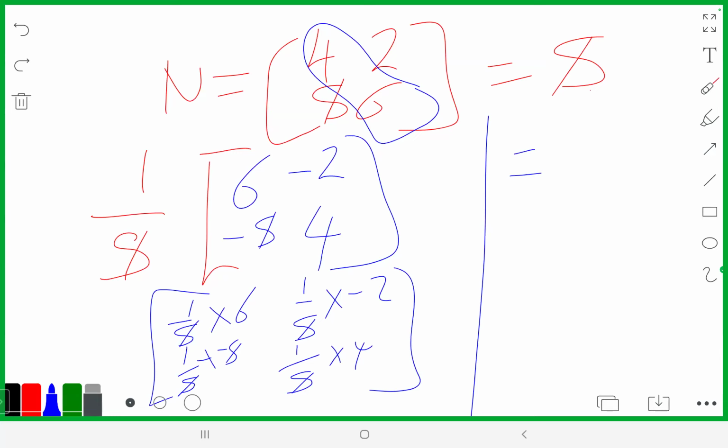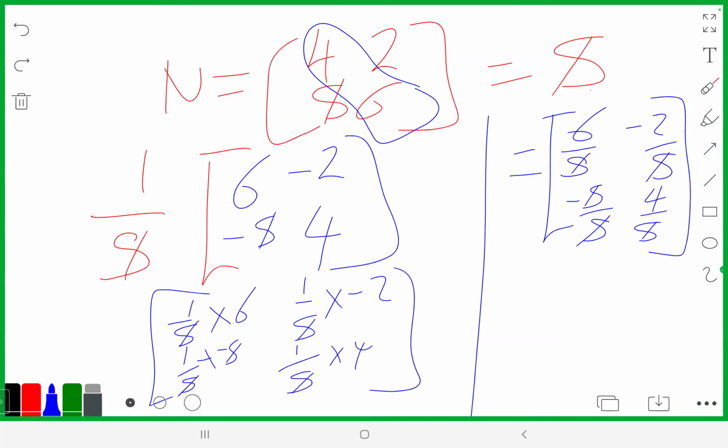So when you say 1 times 6, it will give us 6 over 8. Then the next one will be 1 times -2, it will give us -2 over 8. And the negative 1 over 8 times the -8 will give us -8 over 8. And 1 times 4 over 8 will give us 4 over 8, like that.